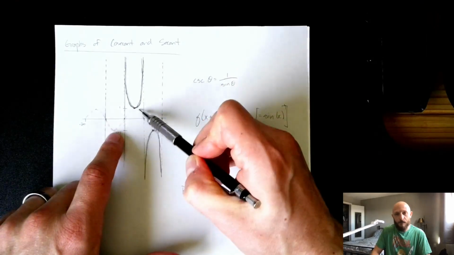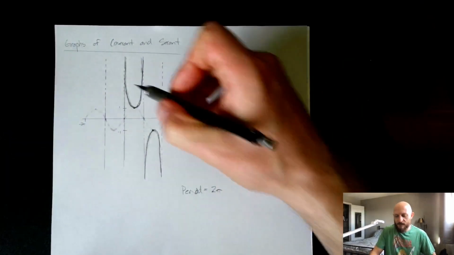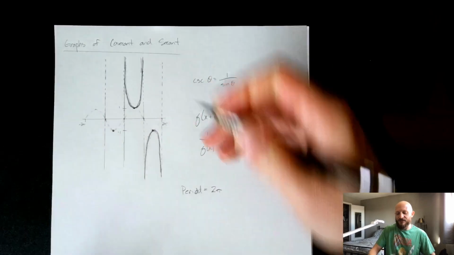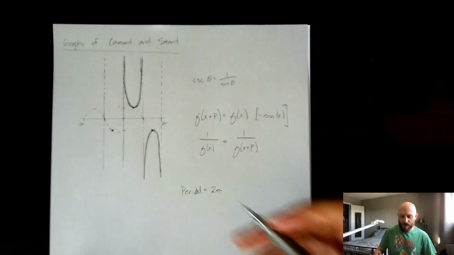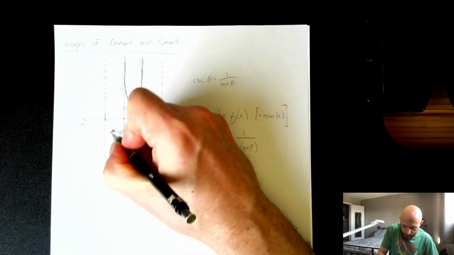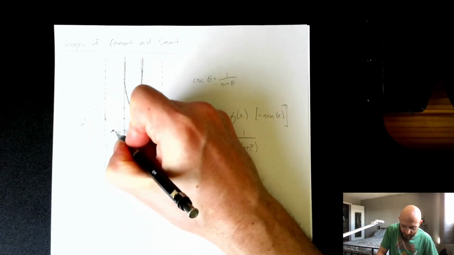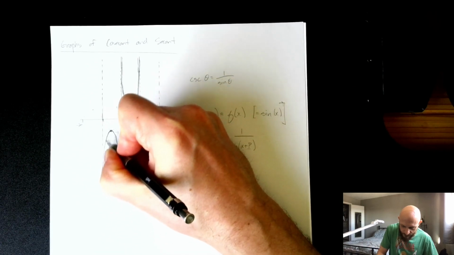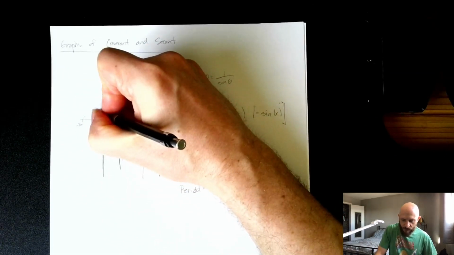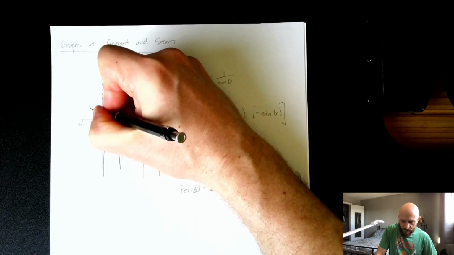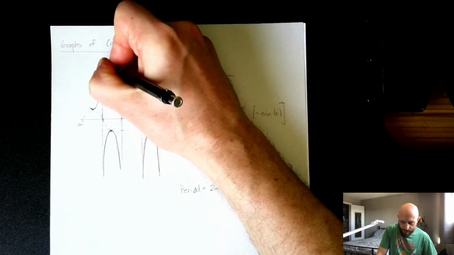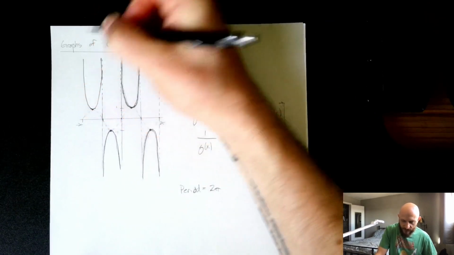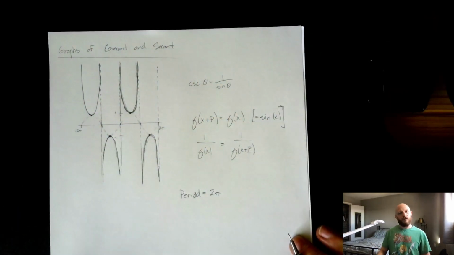That's why I plotted the sine curve on here, because the U's come down and they just meet at the peaks and the troughs of the sine curve. So this would look like this. And then there'd be one over here too. It's just these U's all the way down the line, stuck between these asymptotes. So that's what cosecant looks like.